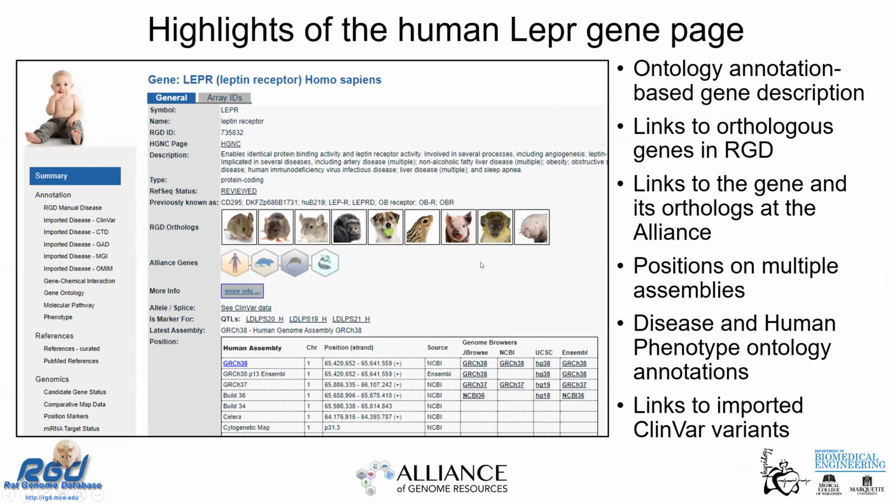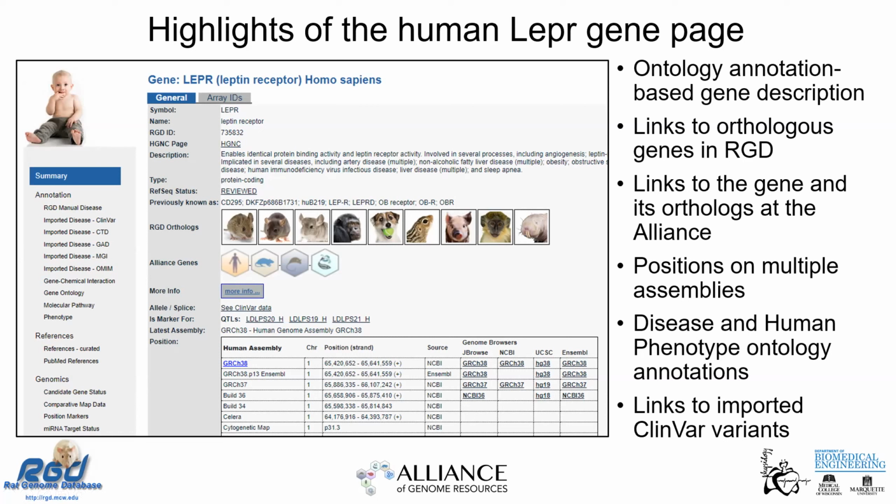So we also do annotations. We store data for human and do annotations for human, as I mentioned before. So just to give you some highlights of the human Lepr gene page. Again, the ontology annotation-based gene descriptions, the links to orthologous genes at RGD, and to that gene and its orthologs at the Alliance.